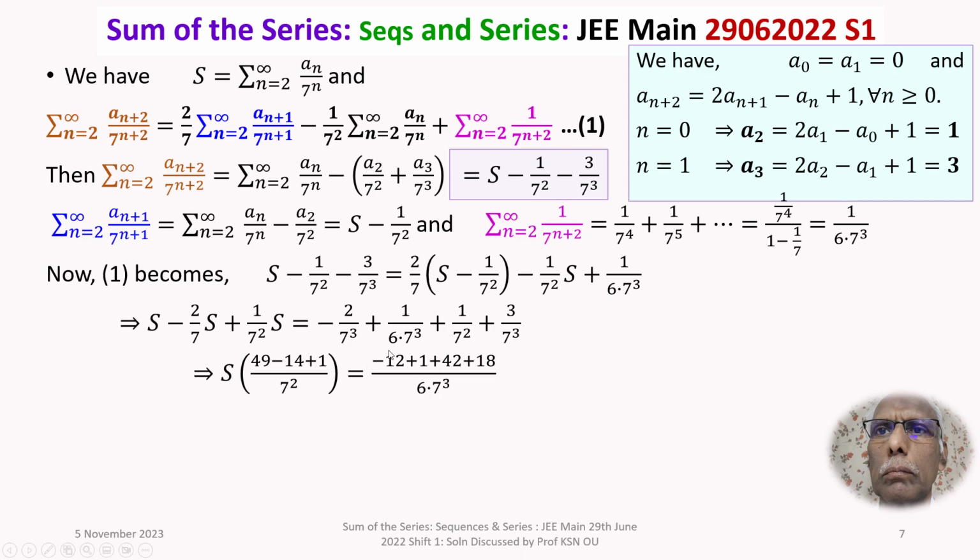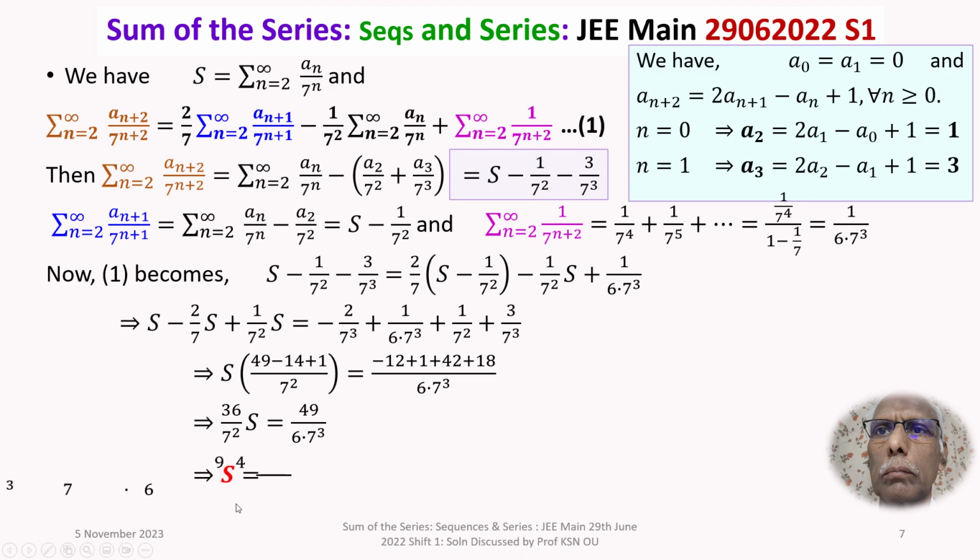Then compute. After computation and simplification, we will get 36 by 7 square S is equal to 49 by 6 into 7 cube. We want S, sigma n is equal to infinity an by 7 power n.